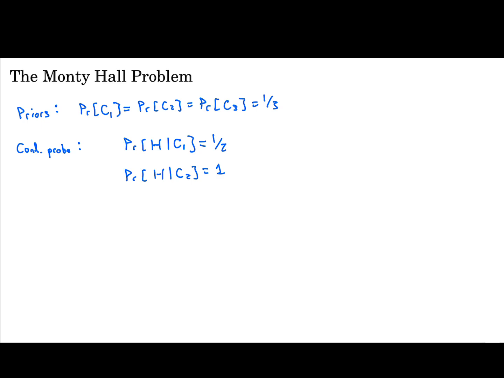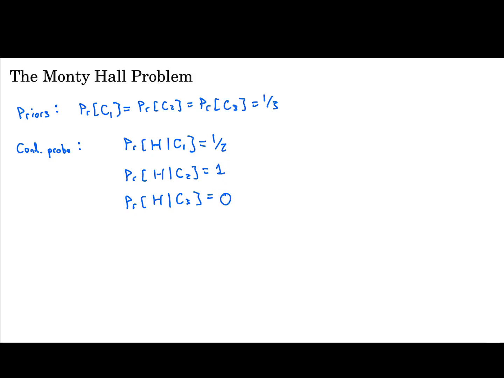Now, what about the probability that the host opens door 3 given that the car is in door 3? Well, that can't happen because he will never open the door with the car. And so you see that this is capturing the information that the host knows.